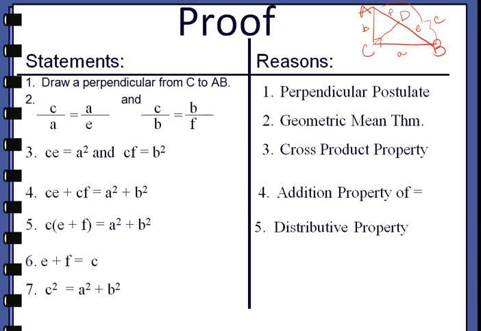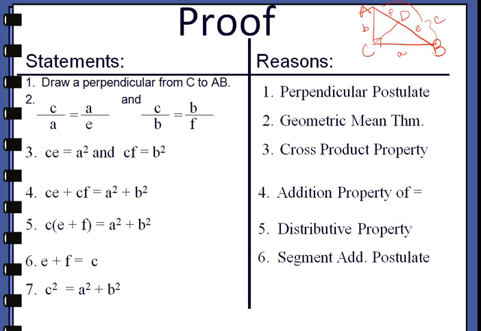And so we get c times the quantity e plus f is equal to a squared plus b squared. But we know what e plus f is. e plus f is c. We're just stating there that e plus f is c because of the segment addition postulate. So now we can substitute c in for that, and that becomes c squared. And voila, we've got the Pythagorean theorem, and we have proven it.